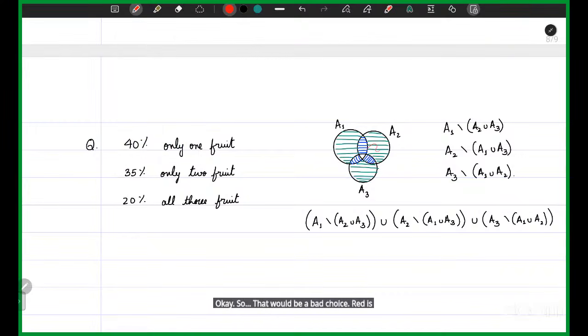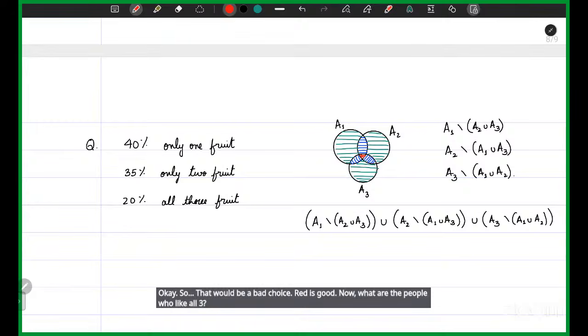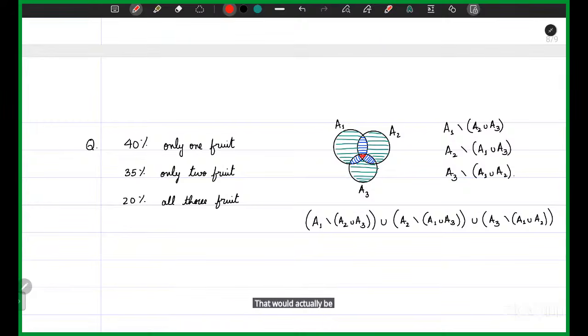Red is good. Now, what are the people who like all three? That would actually be the intersection of these three sets, which is that central region. Yes, sir, 20%. And all of these things are disjoint from each other. So if I add up 40%, 35%, and 20%, what I obtain is people who like fruits, which makes up 95%.